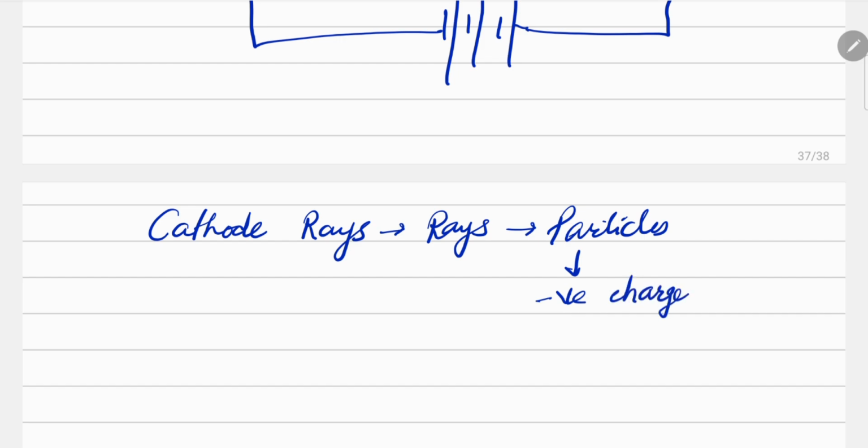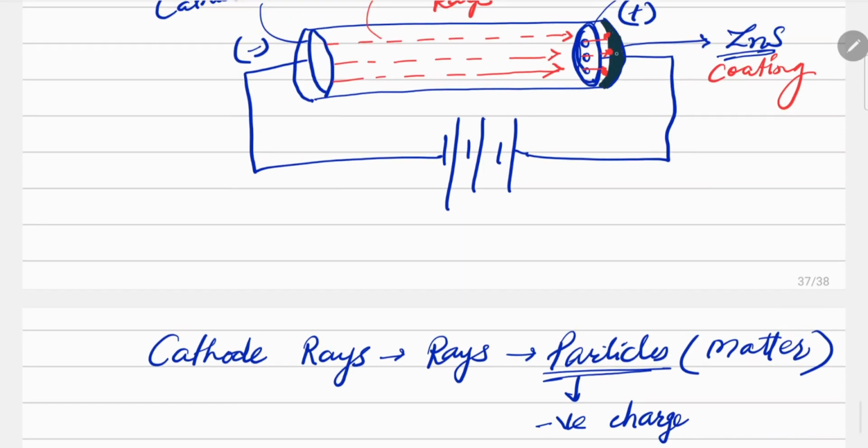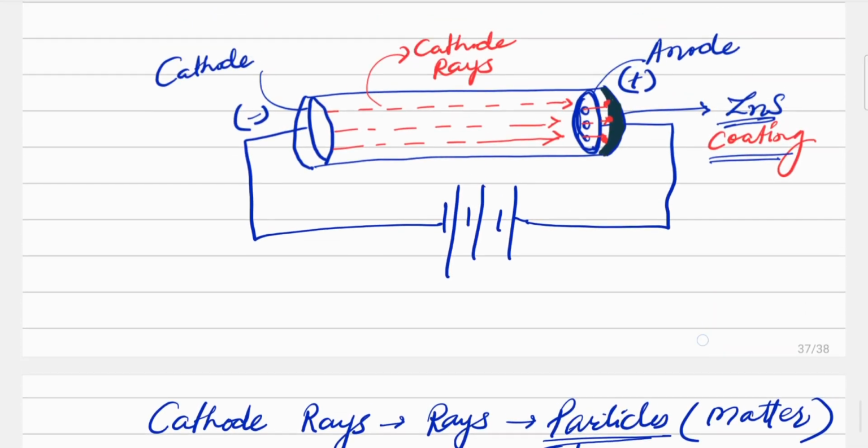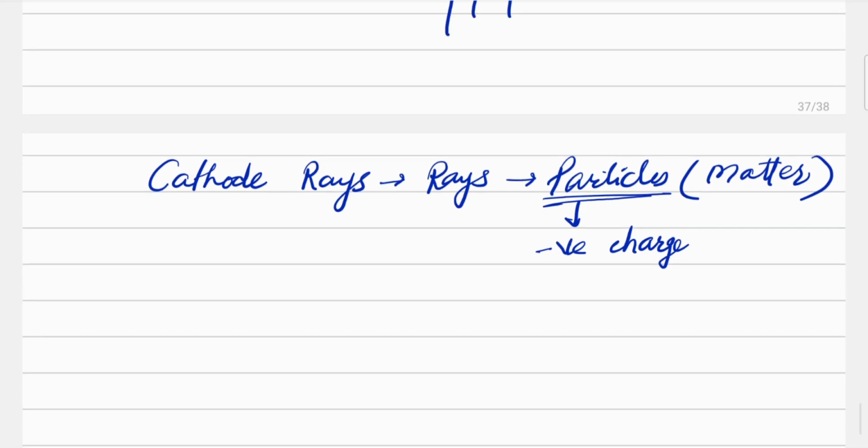And if they are particles, that means they are matter, obviously they have mass. That's why whenever they struck the zinc sulfide coating, it was glowing. So this is how he did this experiment.